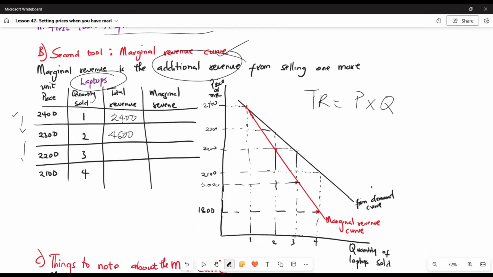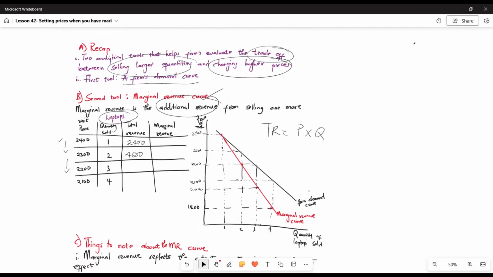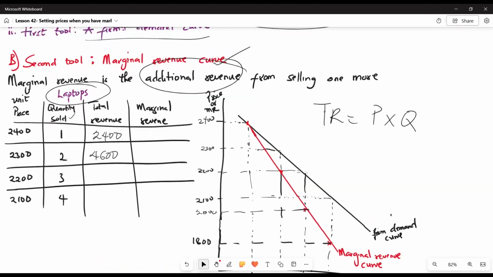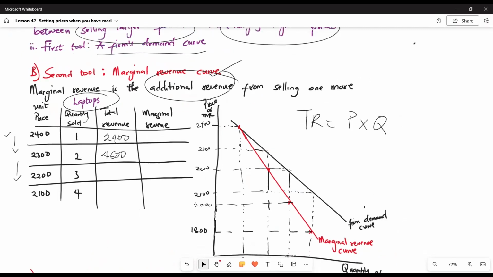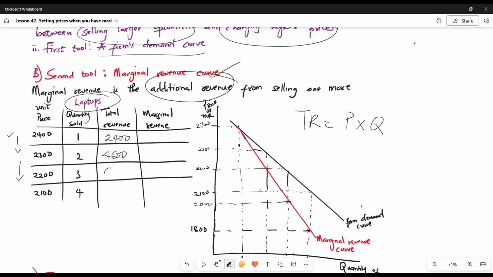When the price reduced to 2,200, the total quantity sold is 3, and then the total revenue now increases to 6,600, which is simply price times 3 quantity sold. Then when the price reduced to 2,100, the quantity sold increased to 4, which increased the total revenue to 8,400.